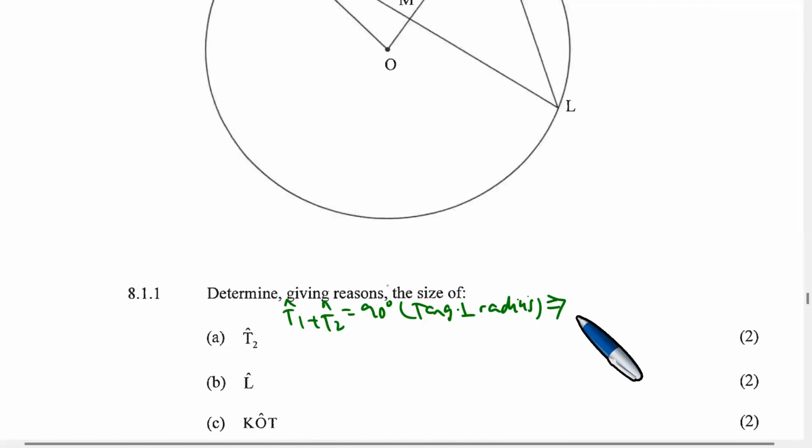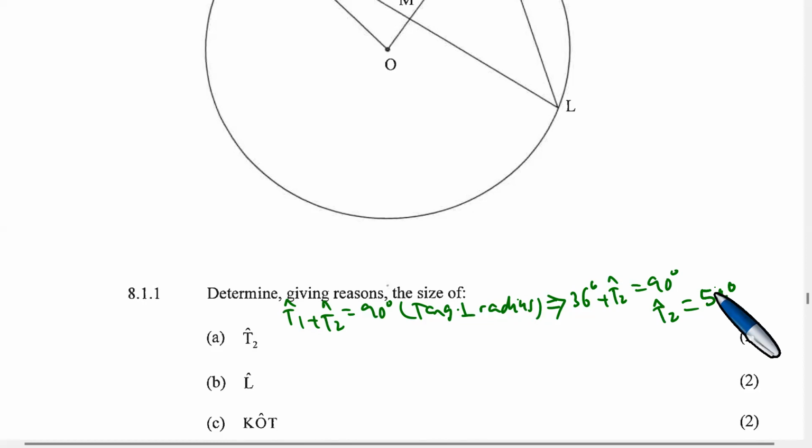T1 is 36, plus T2 equals 90 degrees, which means T2 is 90 minus 36, which is 54 degrees.